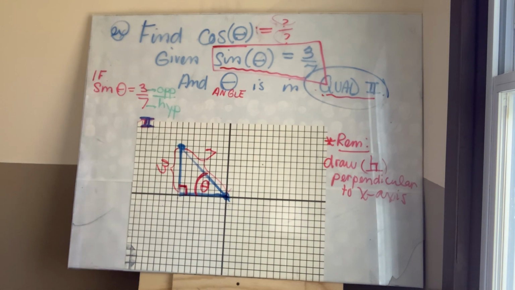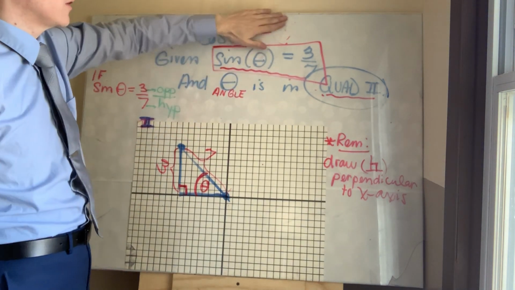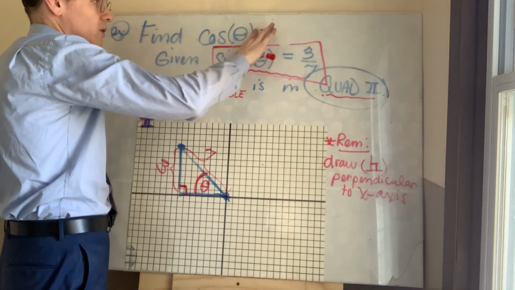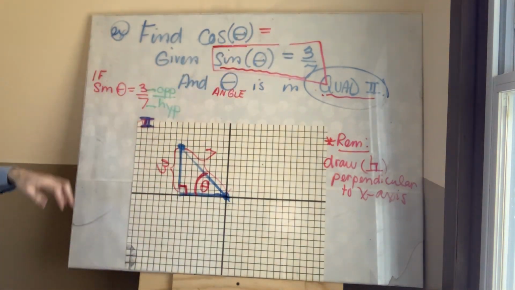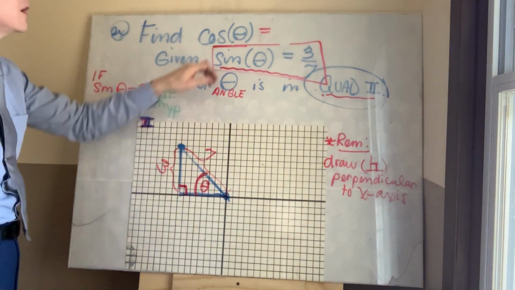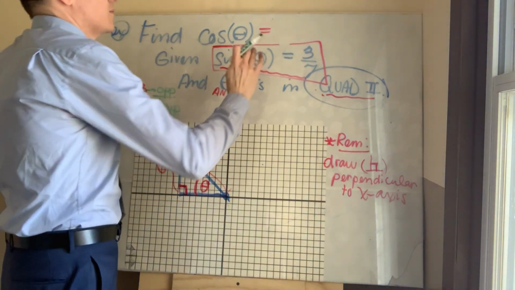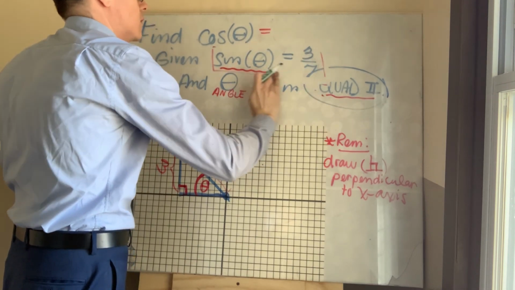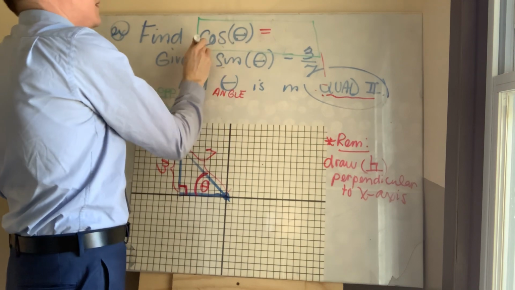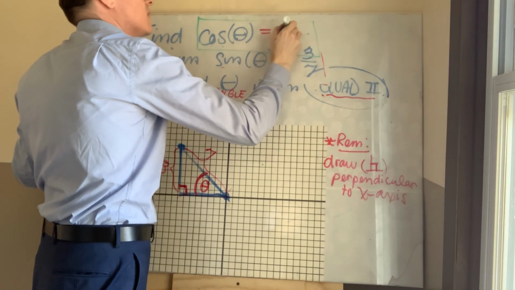If we are going to calculate the cosine of theta, the picture is going to be important, because the picture will basically decide whether something is negative or positive. But we still need to know Sohcahtoa. Cosine is what?